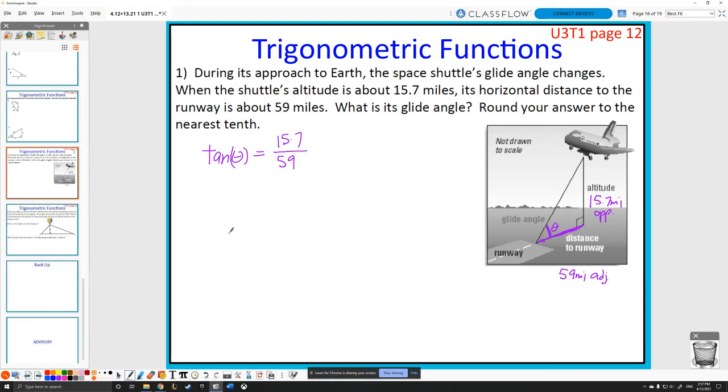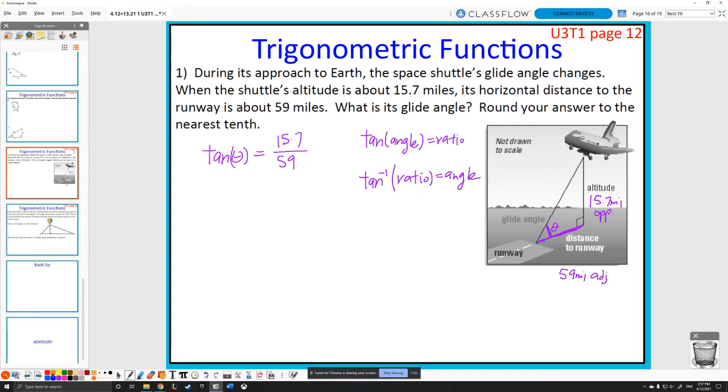But how do you solve for an angle? Well, remember that if I have a tangent or sine or cosine of an angle, that gives me a ratio, but this is where I would use the inverse, because the inverse trig of a ratio will give me back an angle.